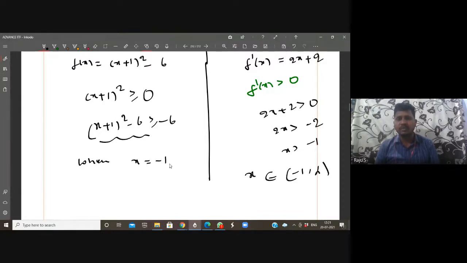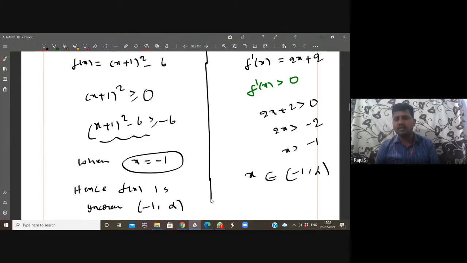From -1 to infinity it will be positive alone. Equating x plus 1 to 0, we get x equal to -1. Hence f of x is increasing from -1 to infinity.